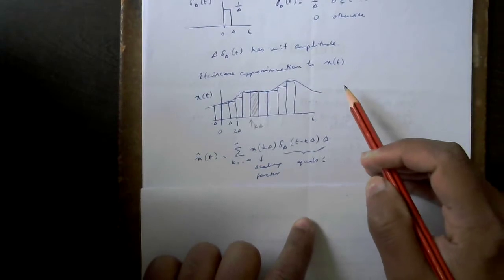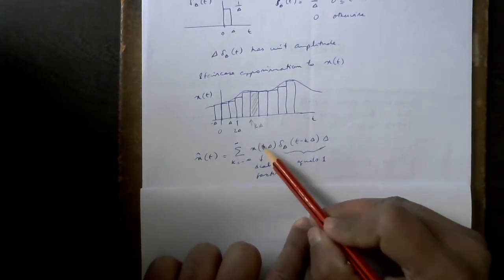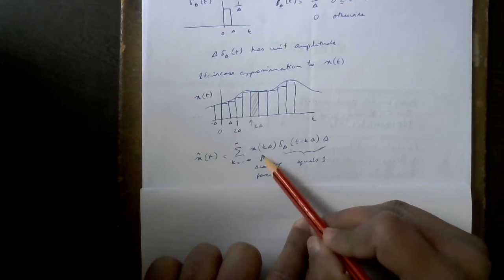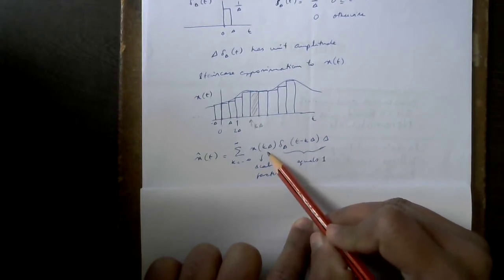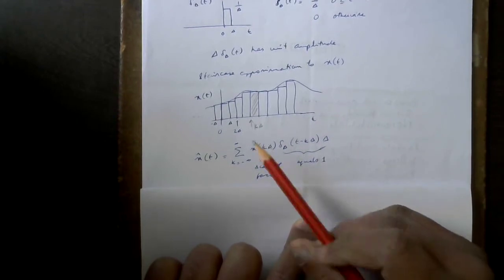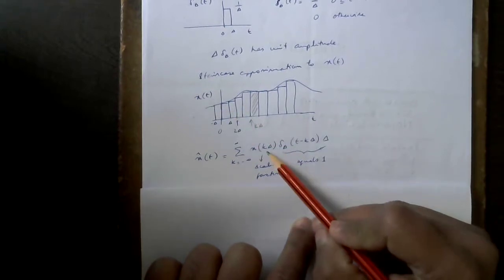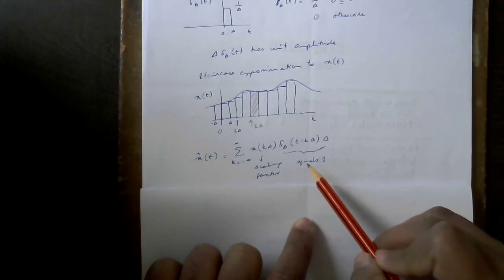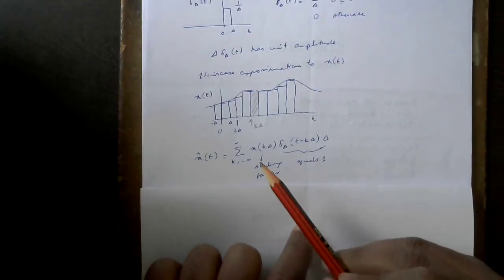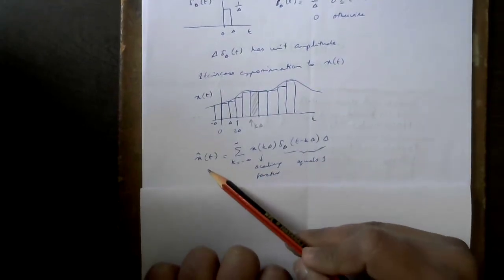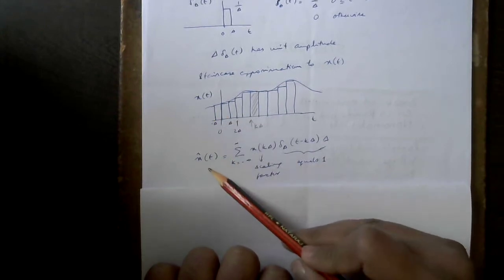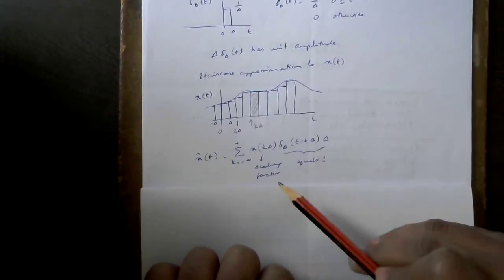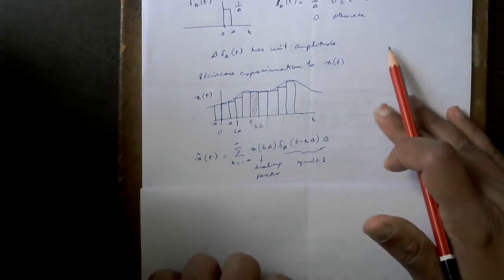So essentially the weights of the linear combination are equal to x of k delta, which is the value of the function x of t at the time k delta. We use this expression to represent an approximation to x of t, which we term x hat of t. Again, this is very similar to how we developed it in the discrete time case.